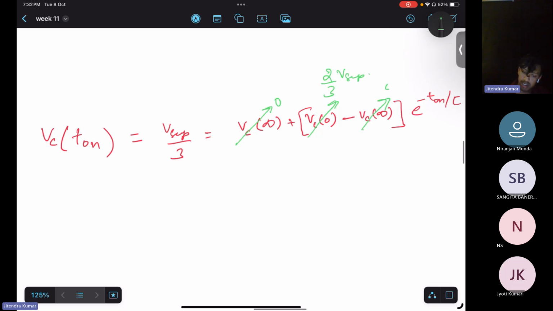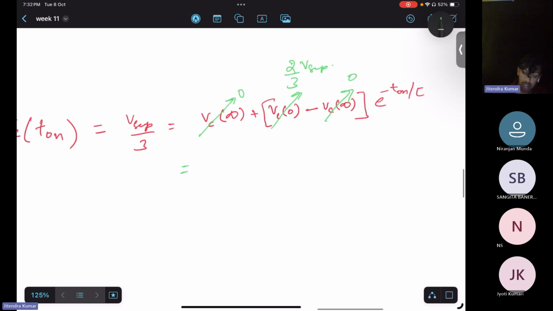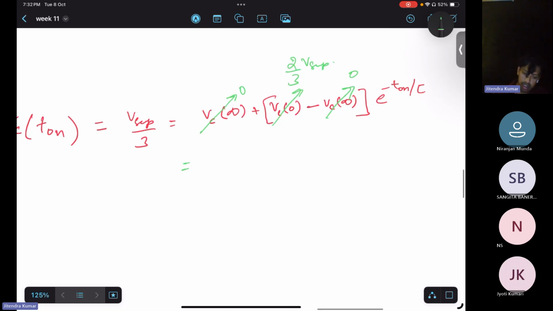VC at infinity is again 0, so it will again follow the condition of discharging transient. So it will be 0 plus 2 by 3 V supply e raised to power minus T on by tau.